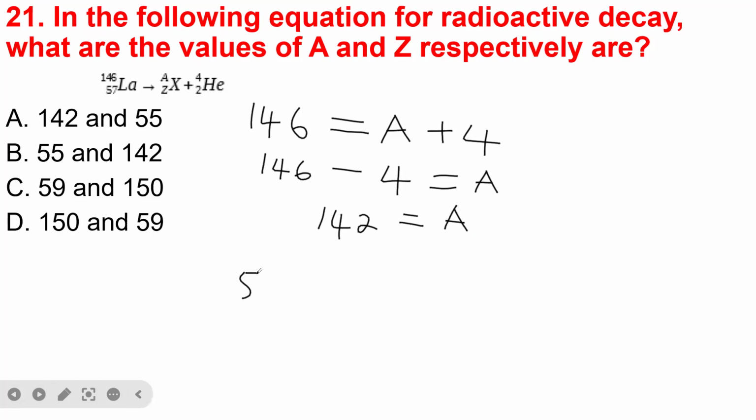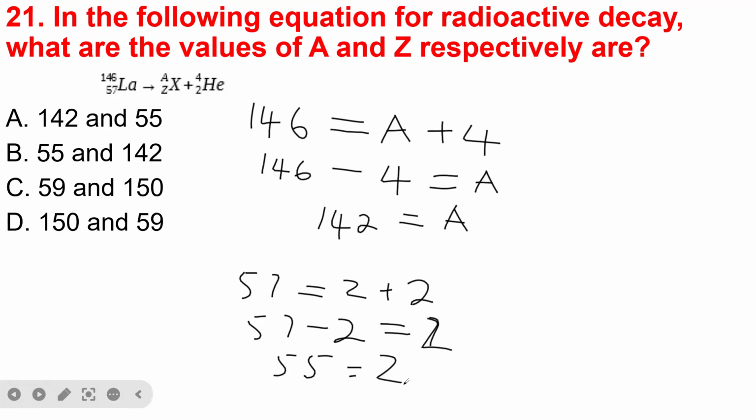Then for Z, we are now going to take the atomic number. So 57 is equal to Z plus 2. We make Z the subject of the formula, so we have 57 minus 2 is equal to Z. So 57 minus 2, we have 55. So this is our Z. It means that Z is 55.